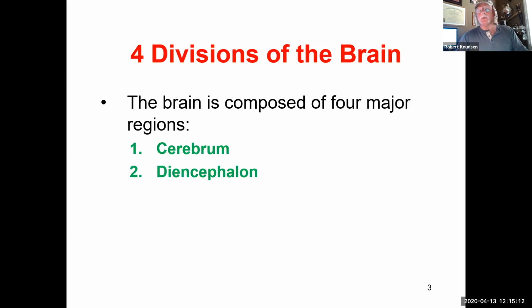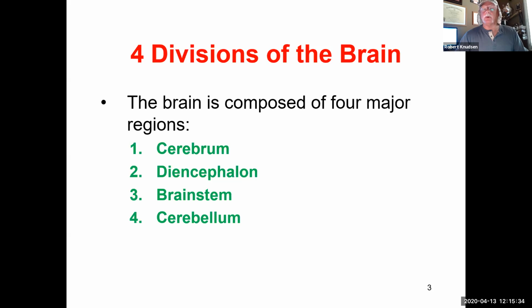So the way to remember this: the cerebrum, pretty much the conscious part of the brain. Diencephalon, pretty much hormones. Brainstem, respiratory and cardiac center, and it's a switching station. You're going to see it called the pyramids. And the cerebellum, the cat part of the brain, fine motor control.